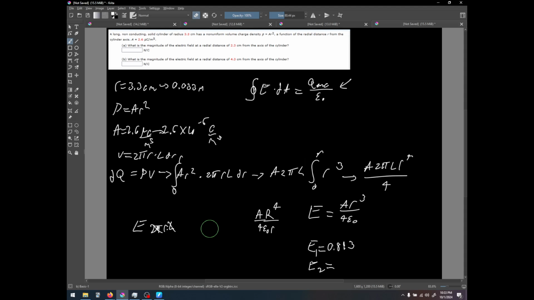Capital R was the radius of the black cylinder, 4 centimeters, 0.04 meters, and little r was the radius of our Gaussian surface, which was bigger, 5 centimeters. Go ahead and plug in the known values. When we simplify that, we should get an electric field of approximately 3.6 meters per coulomb. That is the correct answer.